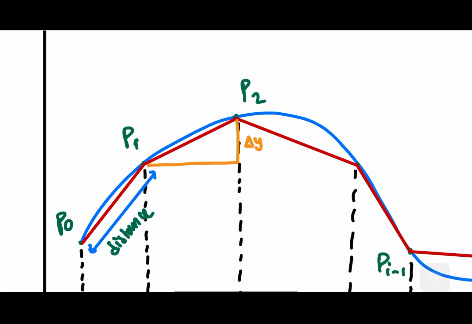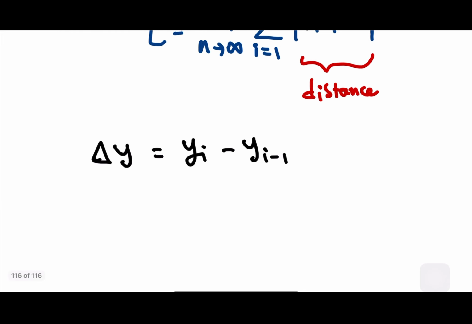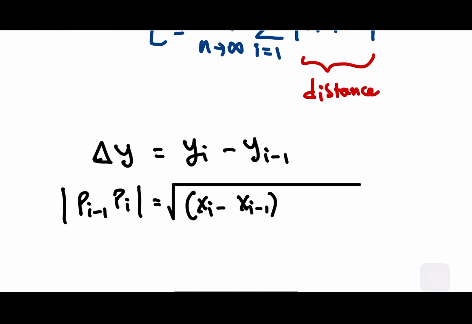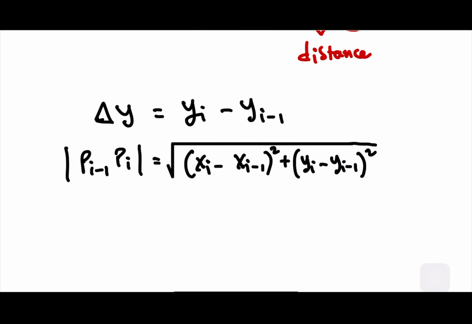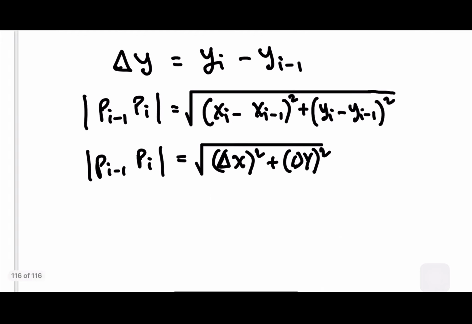Then the distance will be xi minus xi minus 1, plus that squared, and we can write this as the square root of delta x squared plus delta y squared.